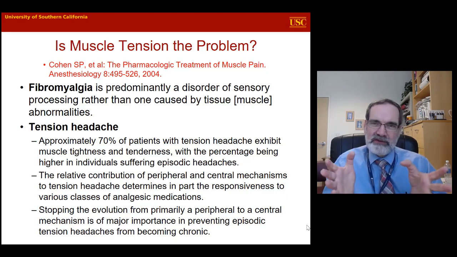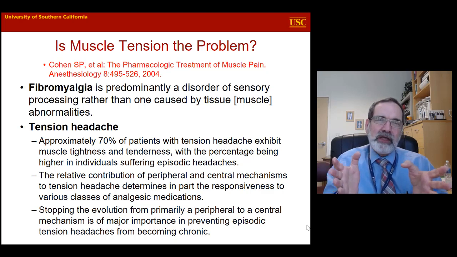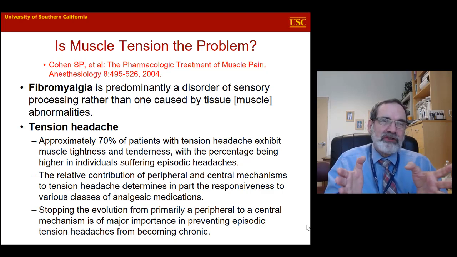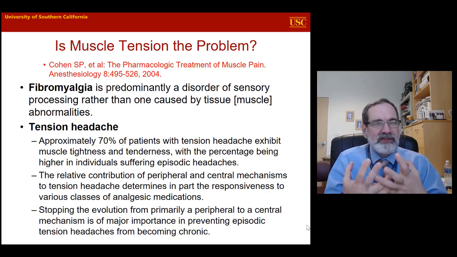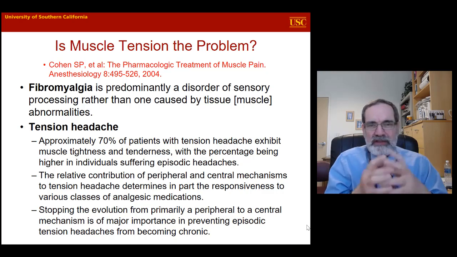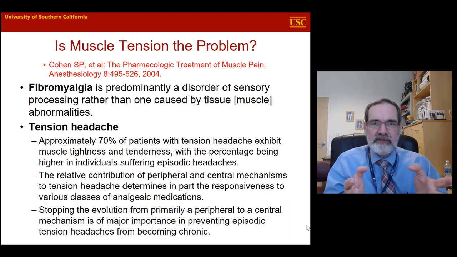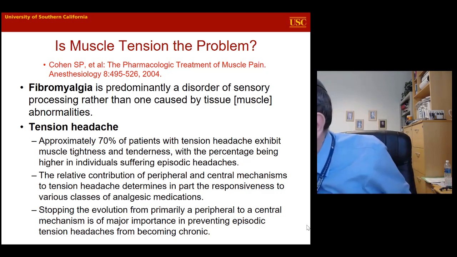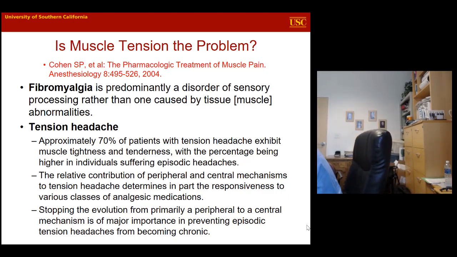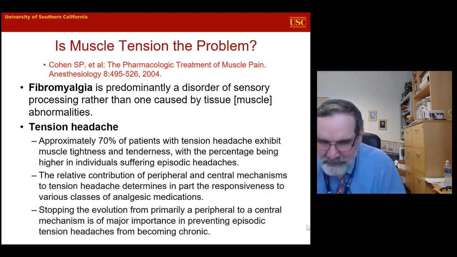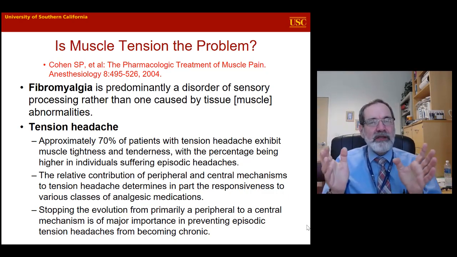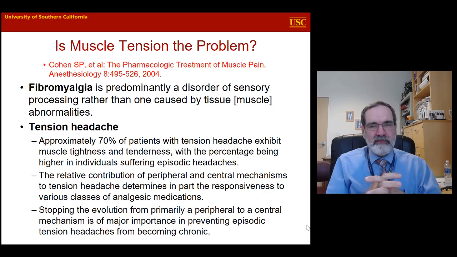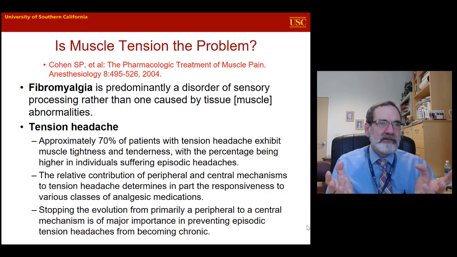Medicines that are aimed at muscle relaxation may be reasonably effective for a patient who has just occasional headaches with a lot of muscle tension associated, whereas that same medication may be completely ineffective for the patient who has chronic daily headaches or regular migraines.